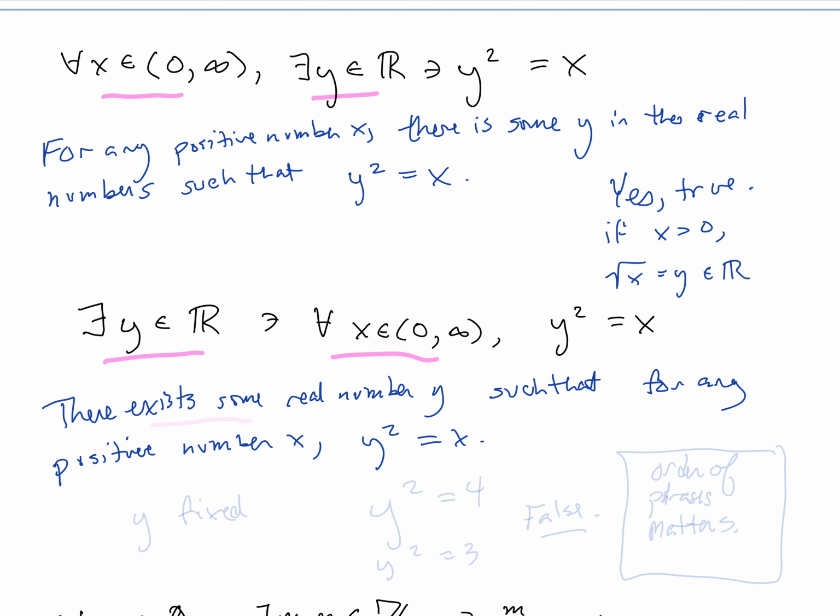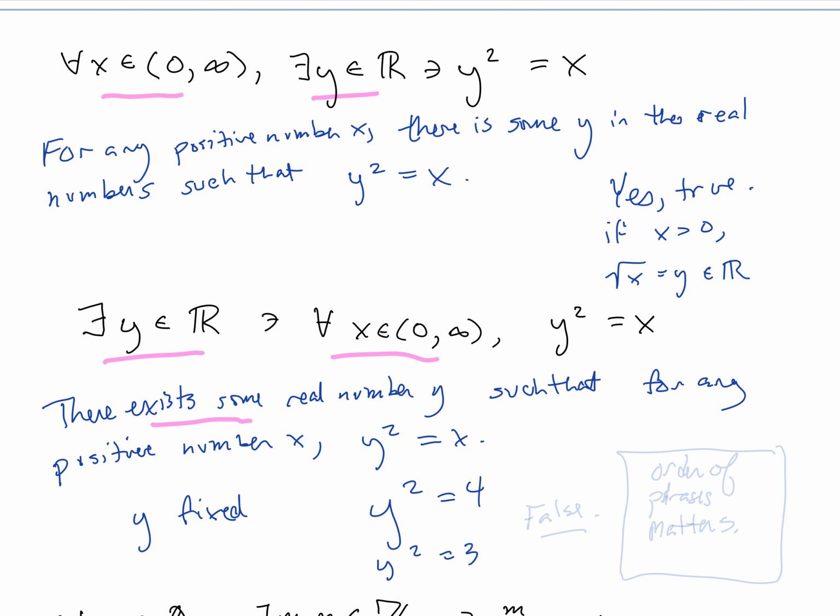Is it still true? There exists some real number y such that for any positive real number x, y squared is equal to x. So we've got some y that is fixed, such that y squared equals 4 and y squared equals 3.